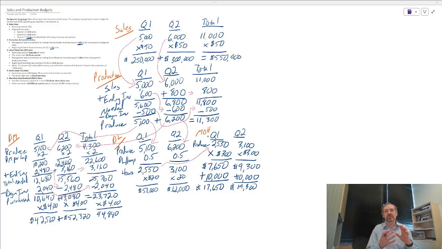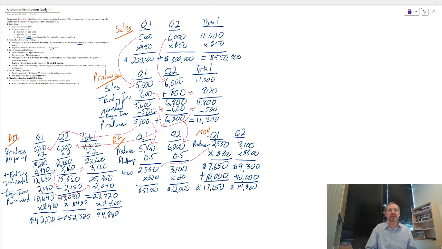But we do at least separate this into variable overhead, meaning for every lamp that we produce or for every hour we pay our employee, it costs us this much more. In this case, it was $3 per hour that we paid our employees, plus our fixed overhead, which doesn't change. It's always the same, like rent or depreciation.